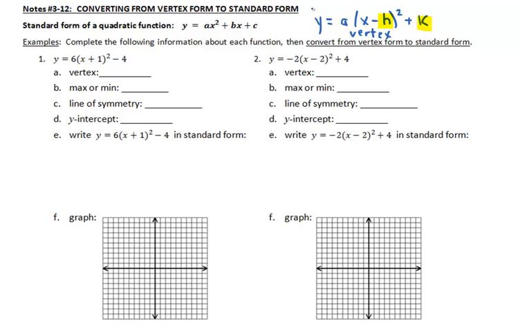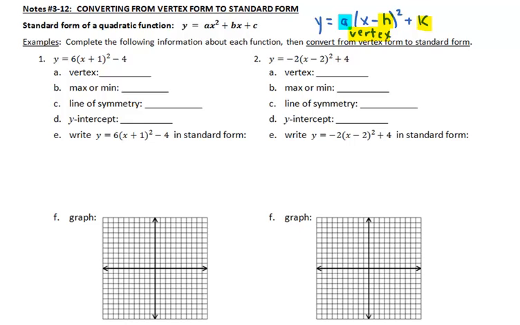And then the a tells us which direction the graph opens, up or down. We also get our axis of symmetry from that vertex point.